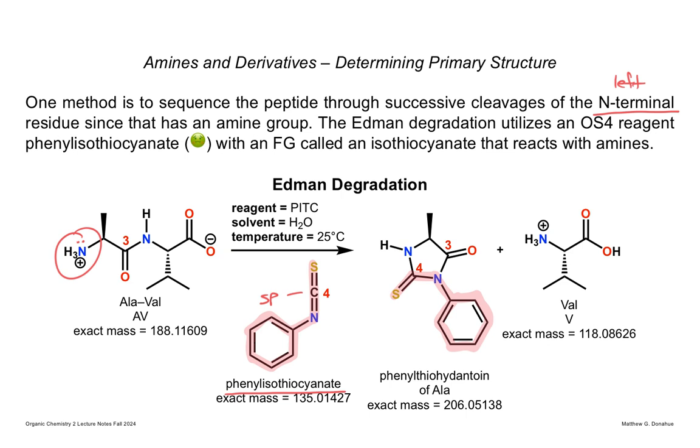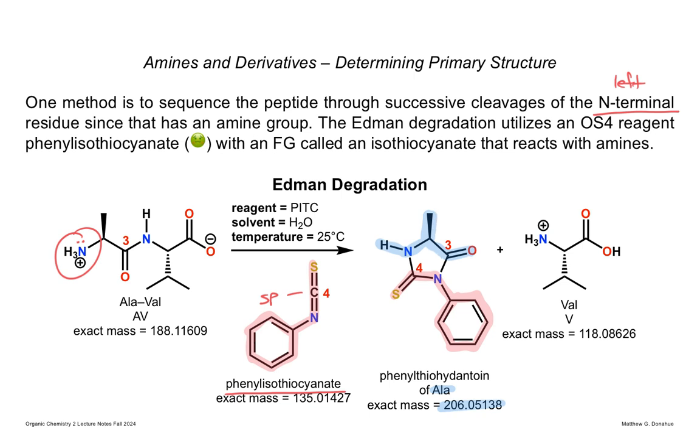Now what will change is the mass of the hydantoin you're forming based on whatever amino acid is at the N-terminal residue. So I'll highlight that in blue.